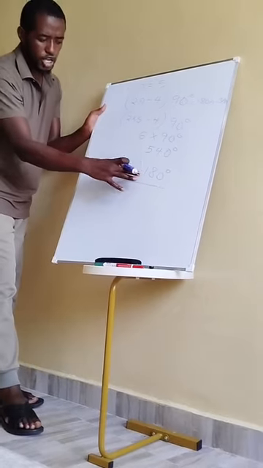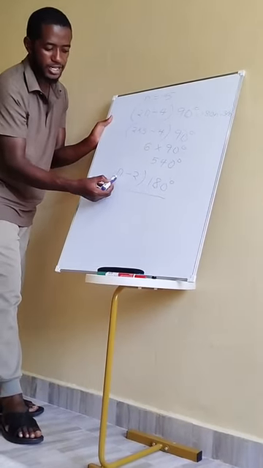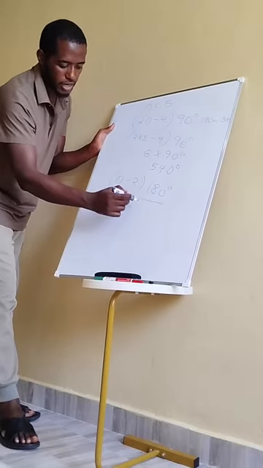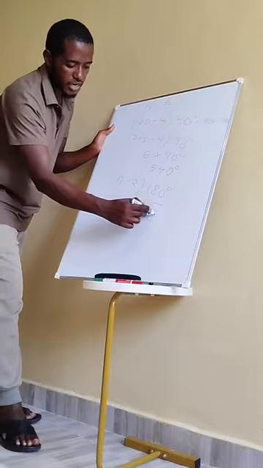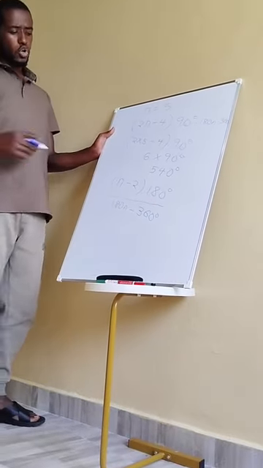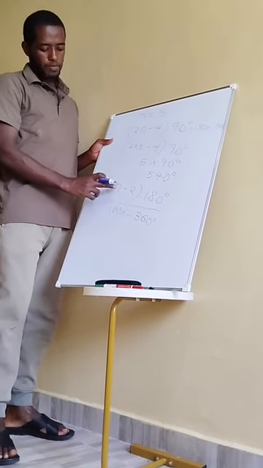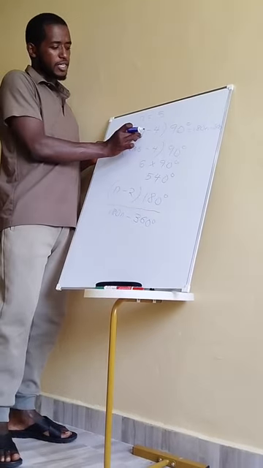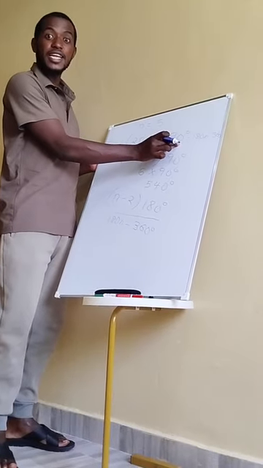The same here. If you open the bracket, 180 times n gives you 180n, minus 180 times 2 gives you what? 360 degrees. So when you come across this formula, n minus 2 times 180, it means the same thing as 2n minus 4 times 90.